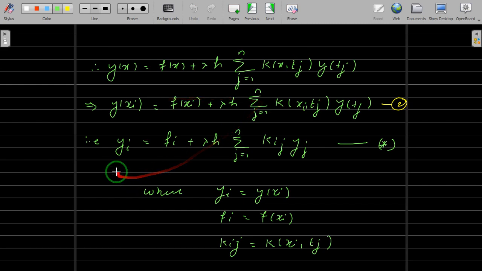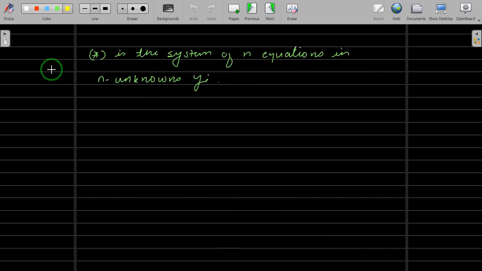So for this star, i goes from 1 up to n. For each i there is one equation, so there will be n equations in total. And the expression in equation 2 will give you the approximate solution for your integral equation at the point xi.